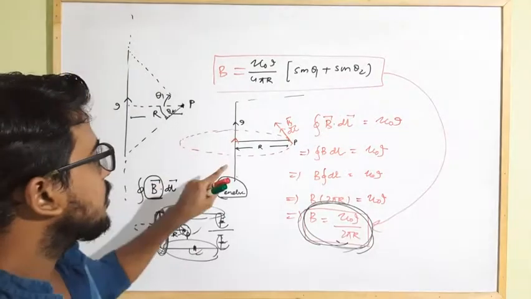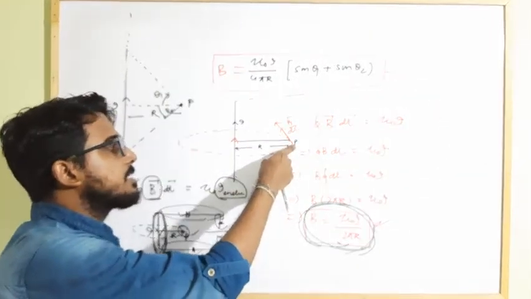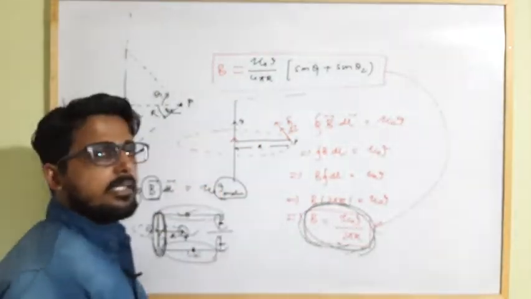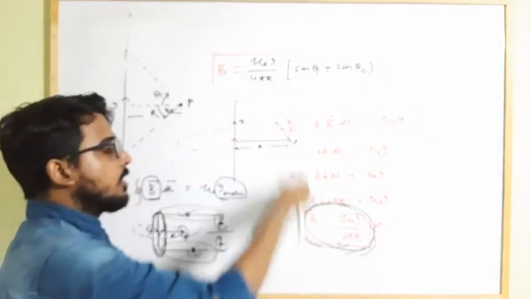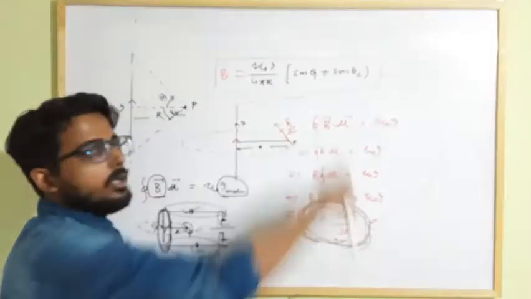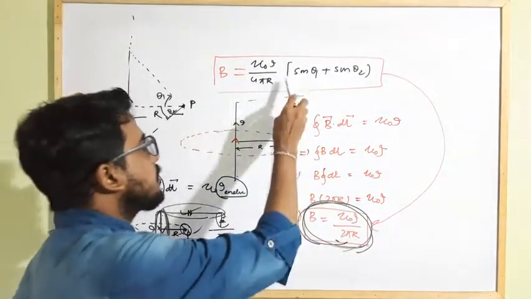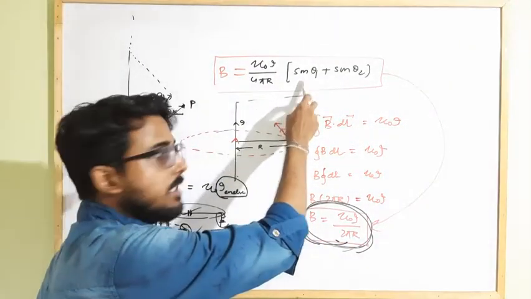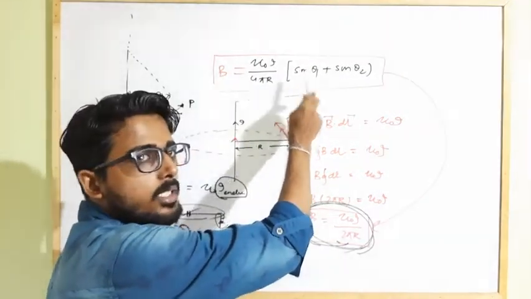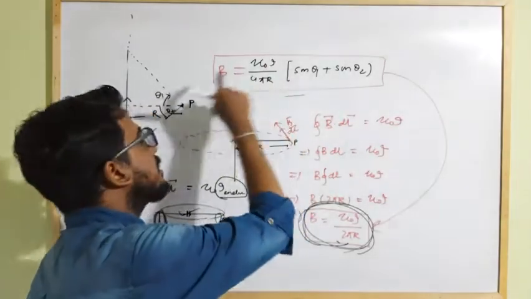Clear? Okay, that's why if we apply Ampere's circuital law to find out the magnetic field strength at the point due to a finite current carrying conductor, the result will be different as compared to Biot-Savart's law, because Biot-Savart's law gives the magnetic field strength due to a finite conductor, which is only because of that segment.